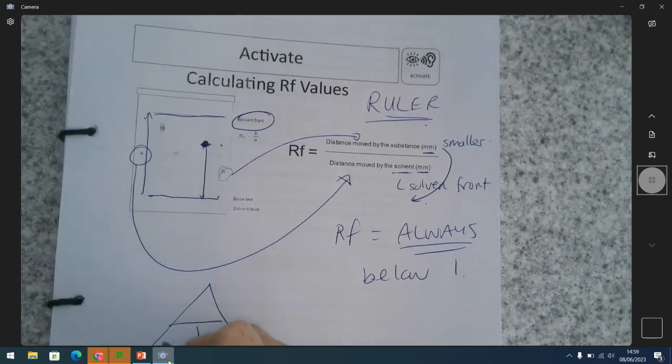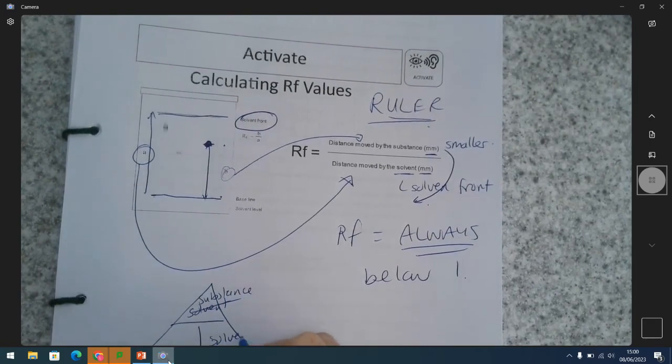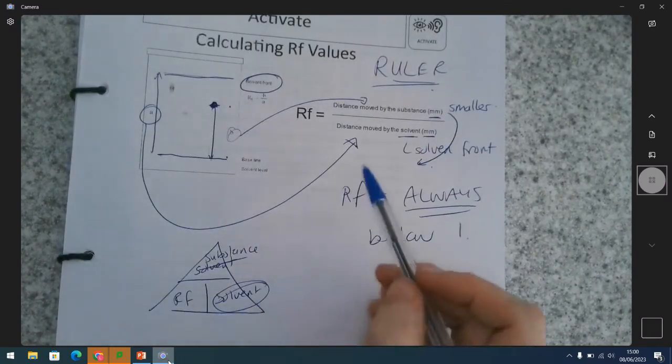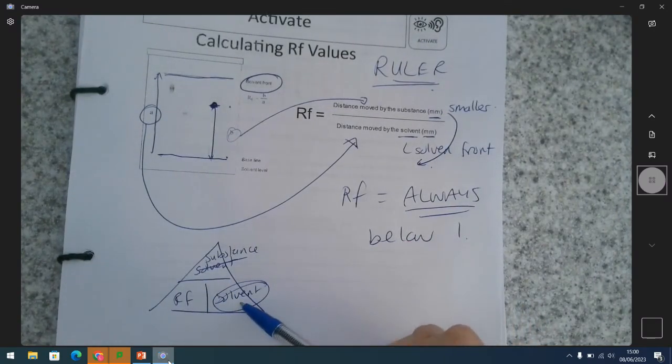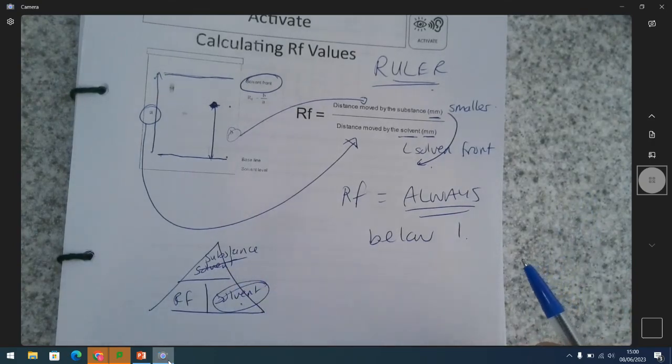So they might ask you, so you've got the substance distance divided by the solvent distance is what gives you your RF value. They might ask you to calculate the solvent distance. You're essentially putting it into the triangle and rearranging the triangle. It's not as complicated as the calculations on paper one.